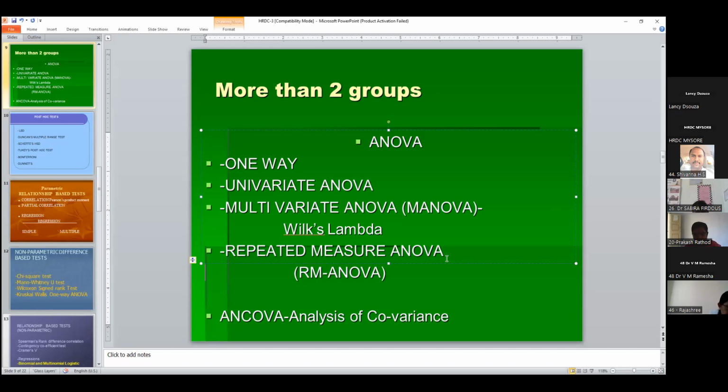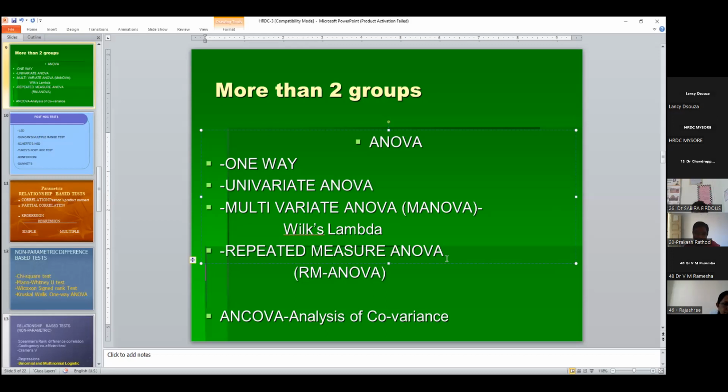That starts with a one-way ANOVA, where you have one independent variable versus one dependent variable, where the independent variable is split into a minimum of 3 levels. That's why I use the terminology urban, rural, and semi-urban.